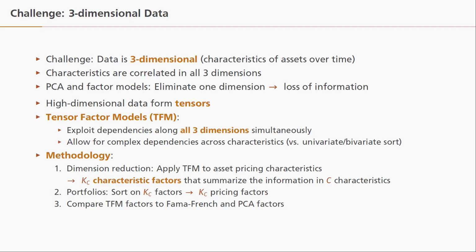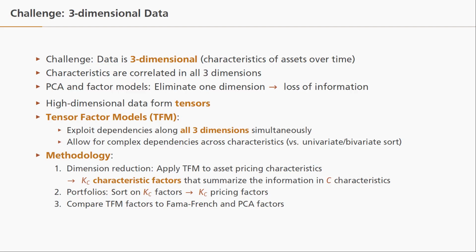Formally, a higher dimensional object is called a tensor. You go from a scalar to a vector to a matrix, and then to a tensor. The simplest tensor would be a three-dimensional cube, essentially. So I will use factor models that can be applied to tensors directly.